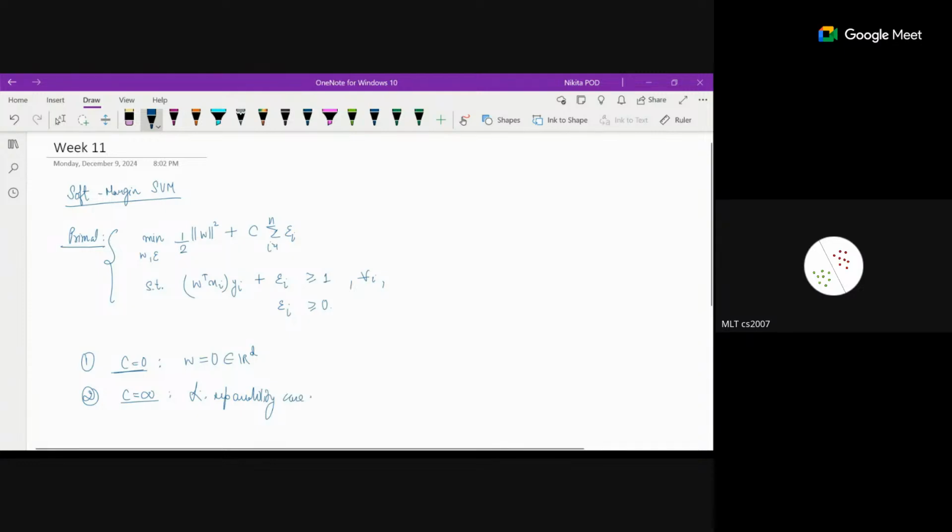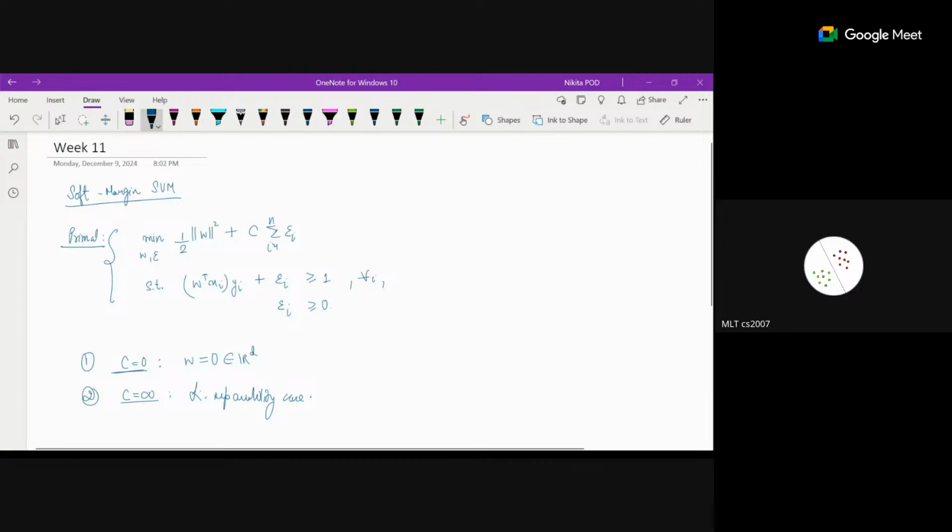Because if C was infinity, the objective function would be infinity, and the only way to get a non-trivial solution was when the data points did not pay the bribe at all. So in that case, it is more like the linear separability condition. This is where we had stopped in soft margin SVM.